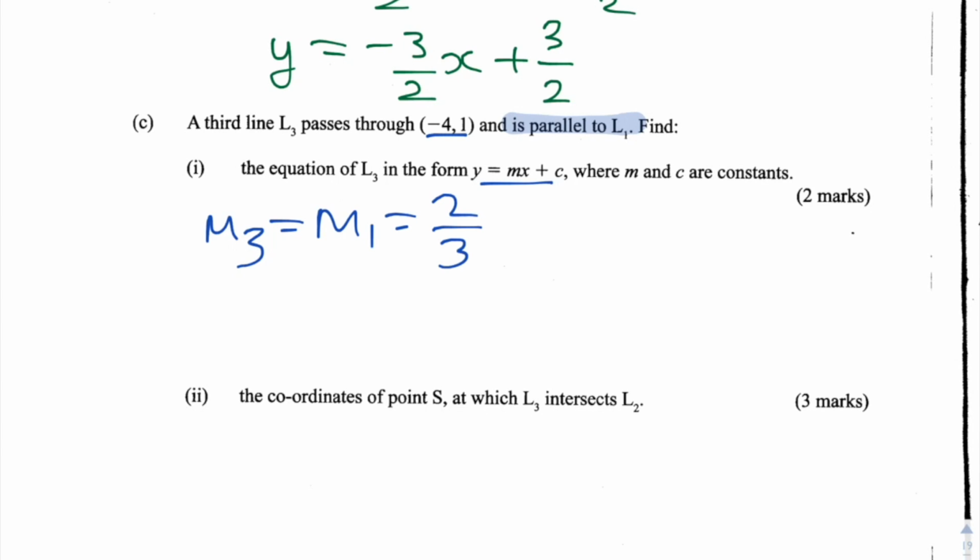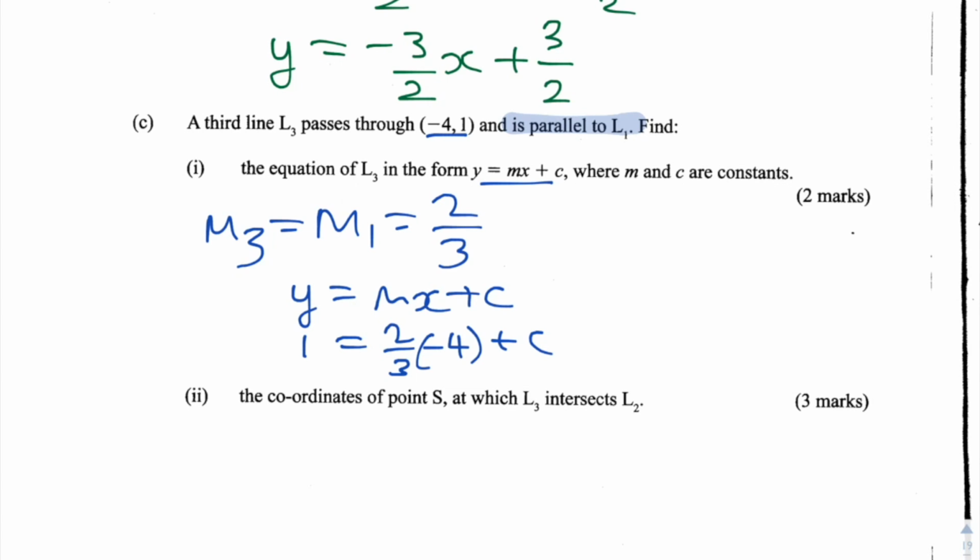So let's write that down. y equals mx plus c, and our y is 1. 1 is equal to 2/3 times -4 plus c, and that gives us our c.